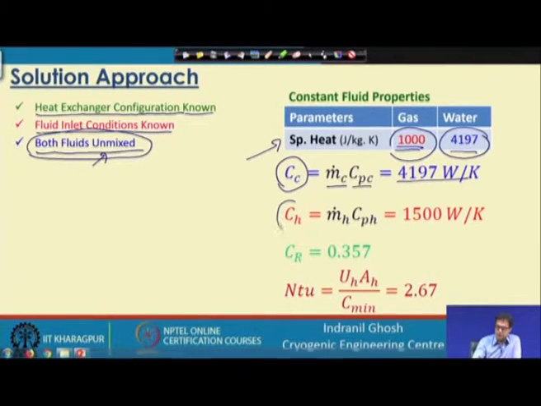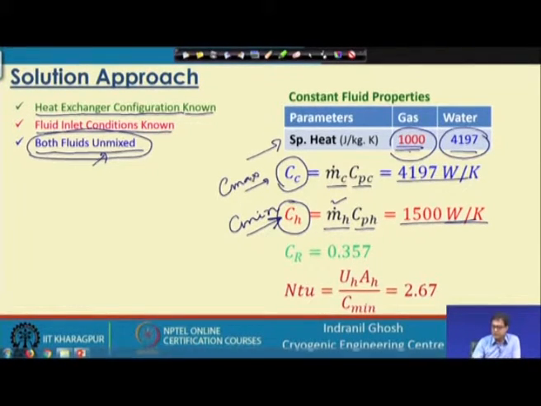Similarly, for the hot fluid, the capacity is mH dot and CpH. So, this is 1.5 kg per second, and this is the specific heat. So, it gives us 1500 watt per Kelvin. So, we can understand that this hot fluid stream is the C min, and this cold fluid stream is the C max or maximum capacity.